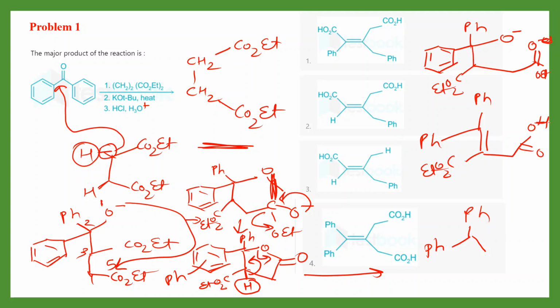Now tell me in which option it is there. Option number 4, right? Because in option number 4 two Ph are there, and here also two Ph are there, CO2Et and CH2COOH. In the first option also there are two Ph, but they are separated.